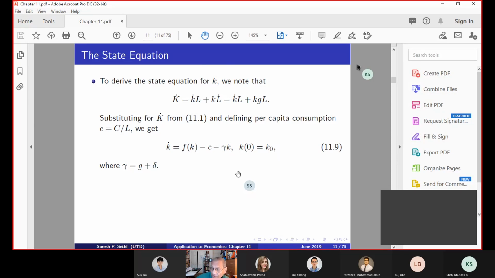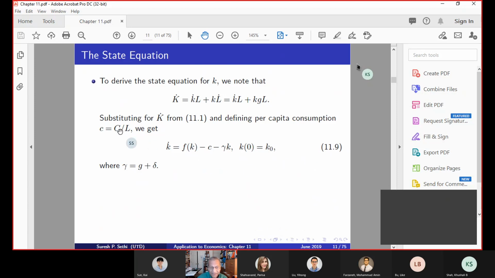So population growth decreases the per capita capital at rate G, and the capital is decreasing at the rate delta. So the total net depreciation is G plus delta for per capita capital. So mathematically, this model is the same as the previous K dot equation.